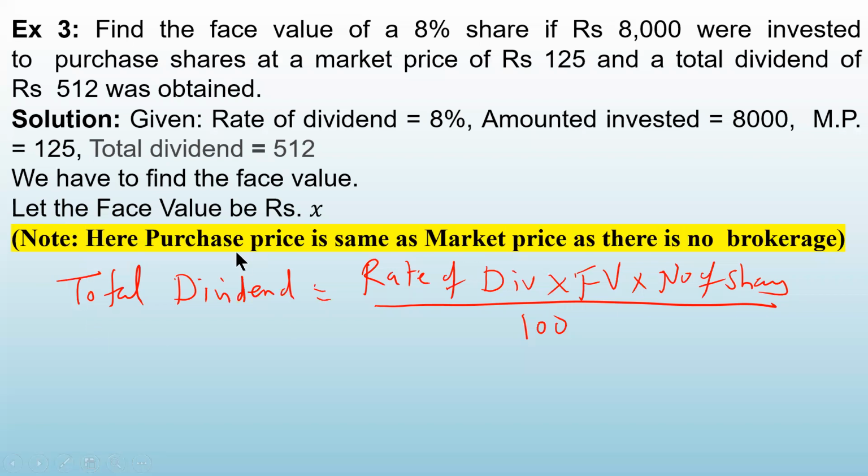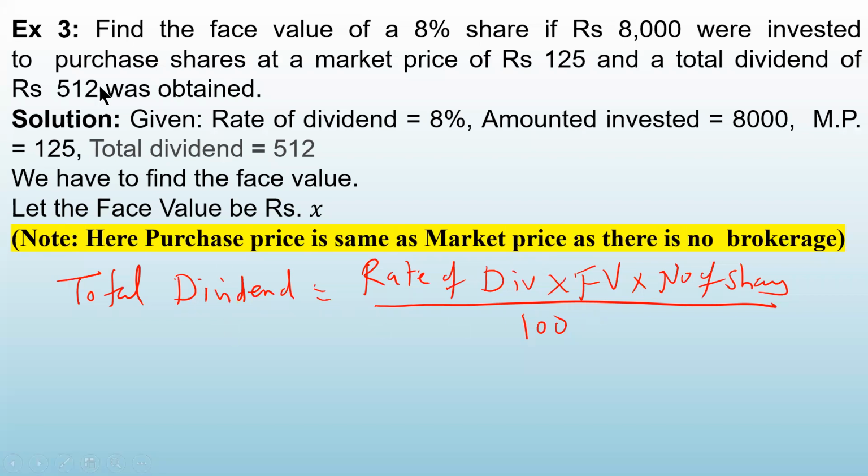You are given total dividend as 512. See, in this formula there are four things. One is total dividend, second is rate of dividend, third is face value, and fourth is number of shares. Out of these four things, if you are given any three, you can find out the fourth one, correct?